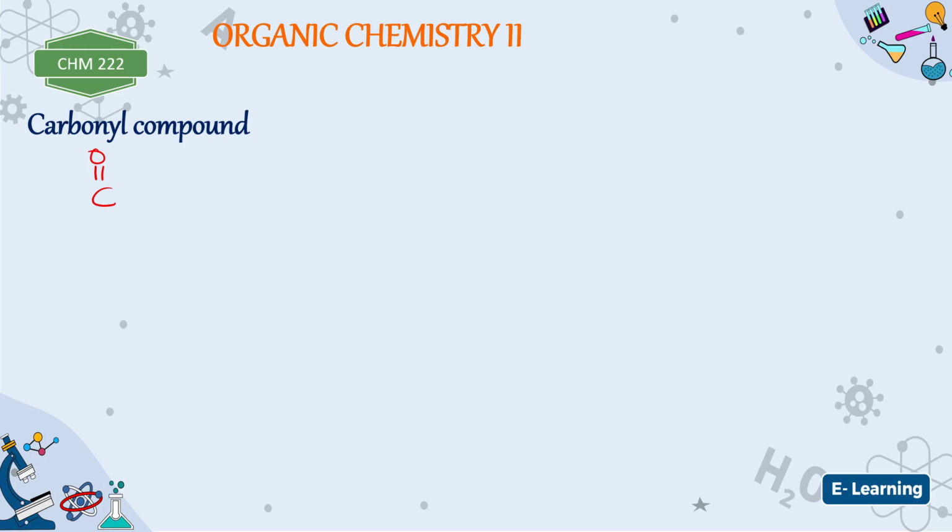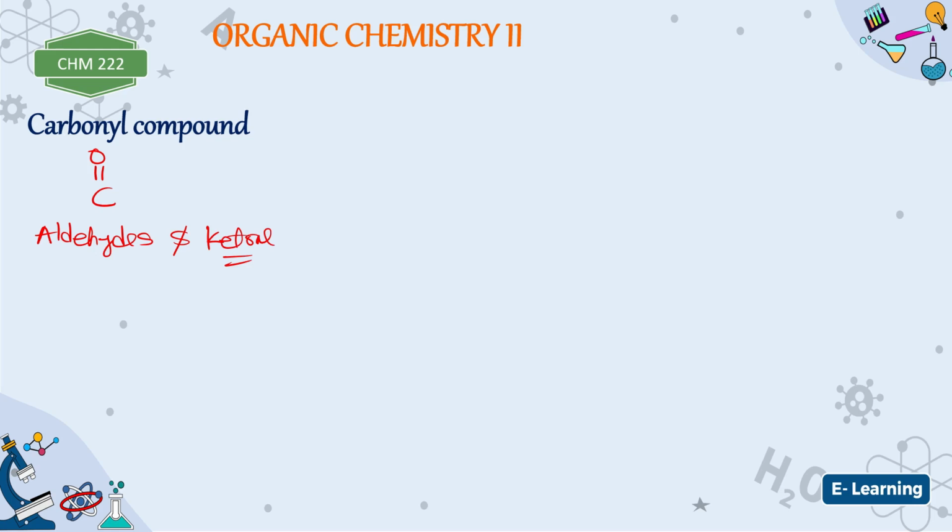Any functional group that has this is known as a carbonyl compound, and there are about 4 to 5 of them. But most importantly, we have the aldehydes and the ketones. Those are the two compounds that we are going to look at.